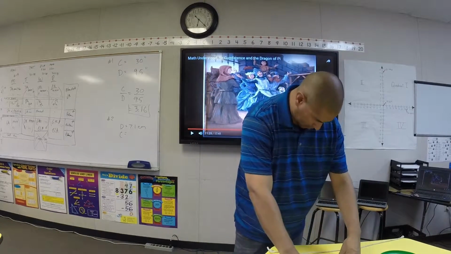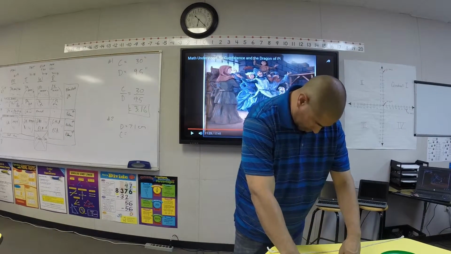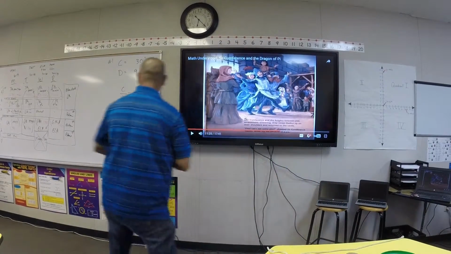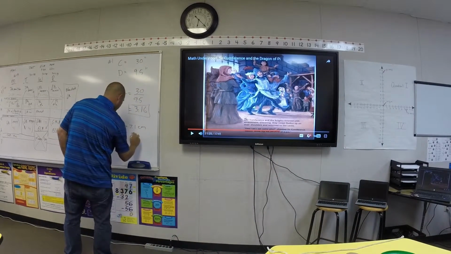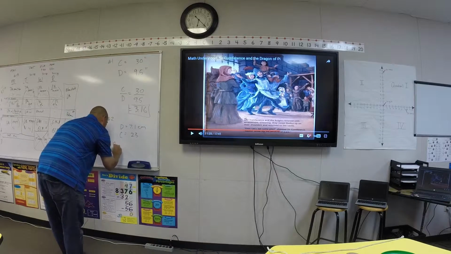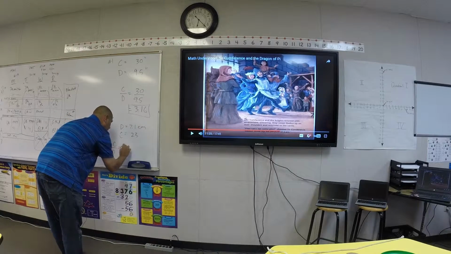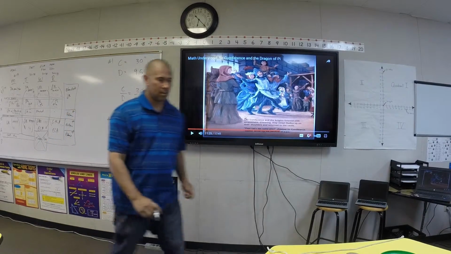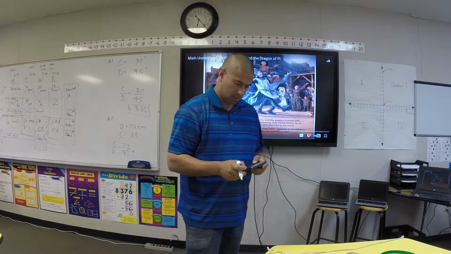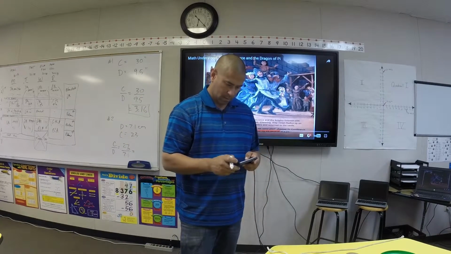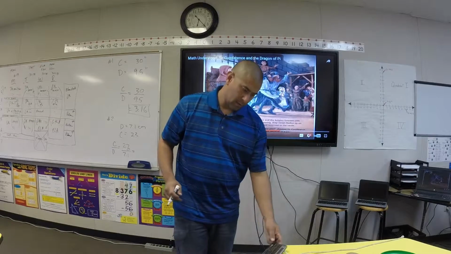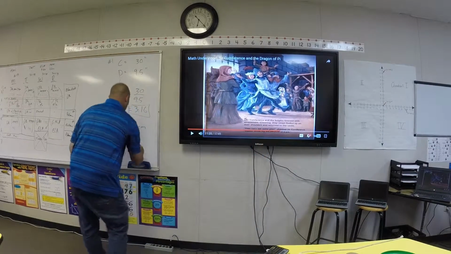And that one comes to about 23. So if we take circumference over diameter here, we get 23 divided by 7.1, and that equals 3.24.